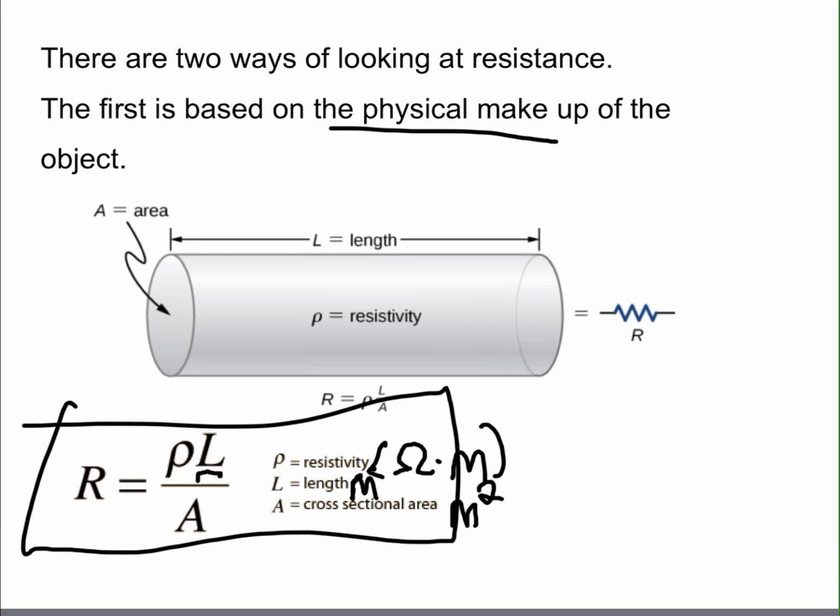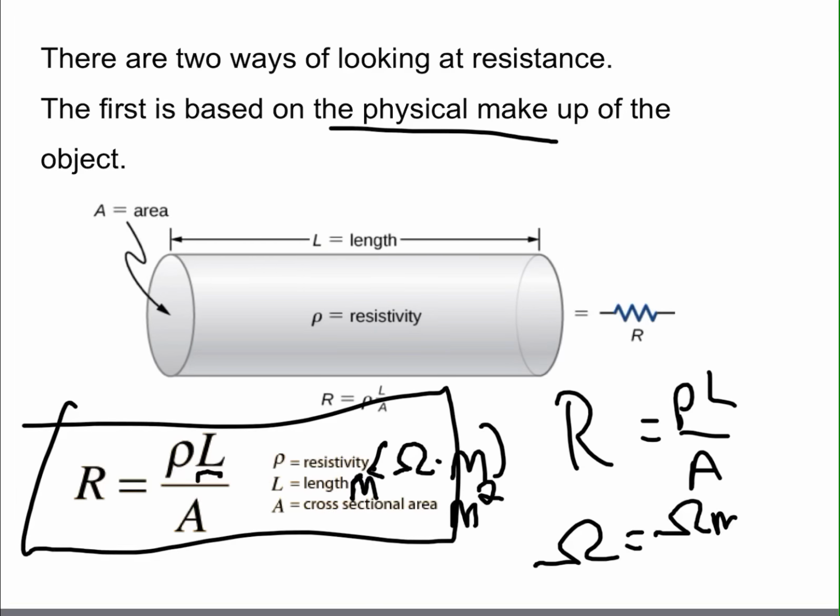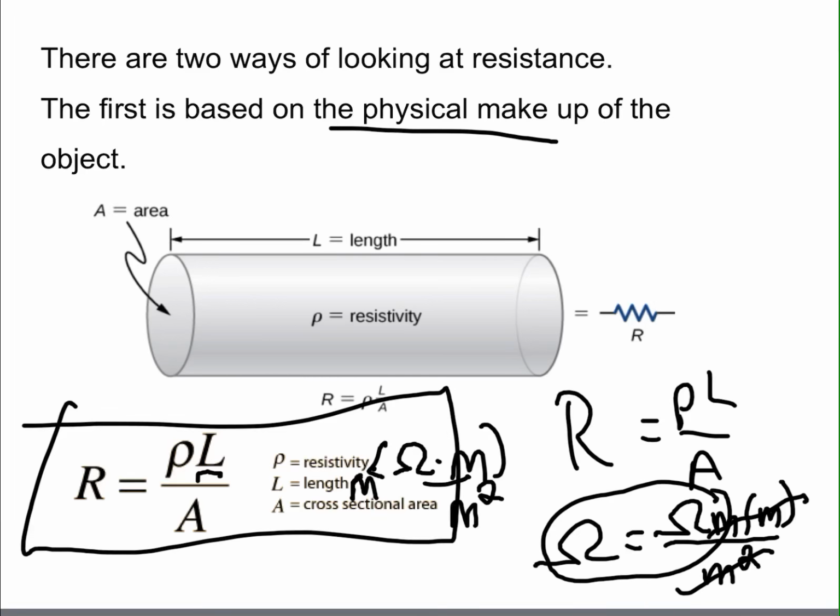So if we look at R equals rho L over A, R is supposed to be in just ohms. Resistivity, we said, is ohm meters. Length is meters, and area is meters squared. So unit analysis tells us that meters divided by meters squared leaves meters in the denominator, and that's why resistivity has a weird unit of ohm meters.